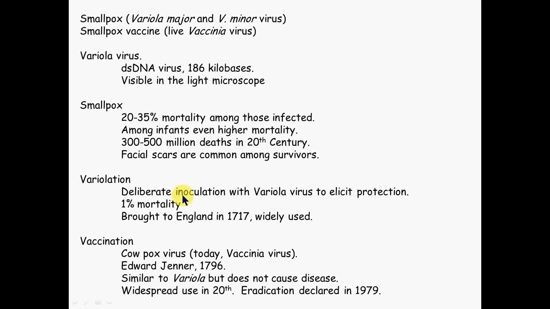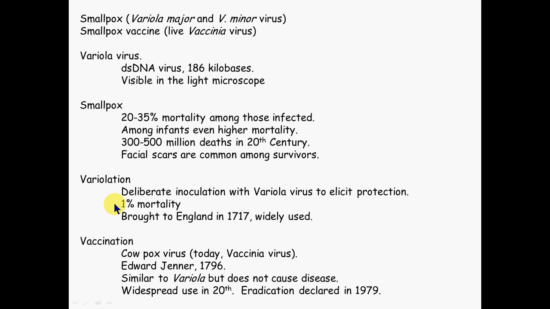And apparently, if you get scratched in the skin with wild-type smallpox virus, called variola virus, your odds of coming through it are pretty good. 1% mortality, as opposed to 20 to 35% mortality if you get it the ordinary way, by inhalation. So this was considered to be an acceptable risk, and it was widely done.